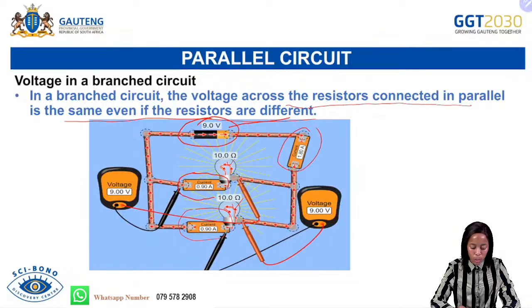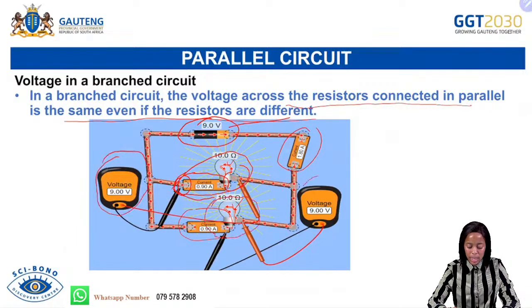If we measure the voltage on the resistor at the top, we can see that the voltage is the very same 9 volts. Again, if we measure the voltage on the resistor at the bottom, the voltage is also 9 volts.